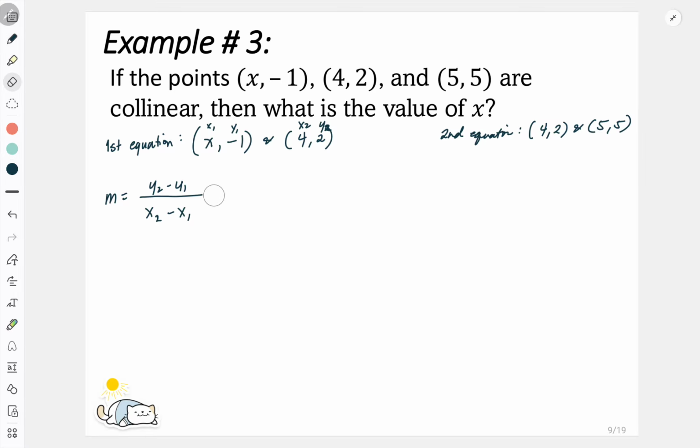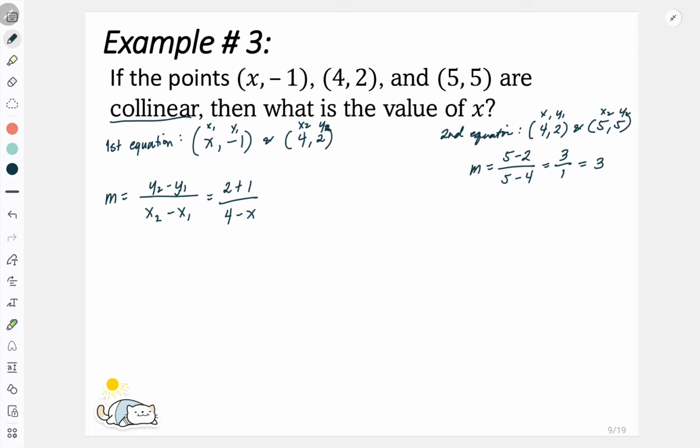So that would be equal to 2 plus 1 over 4 minus x. Then, for the second equation, we will have m equals 5 minus 2 over 5 minus 4, so that's equal to 3 over 1, or that is equal to 3.